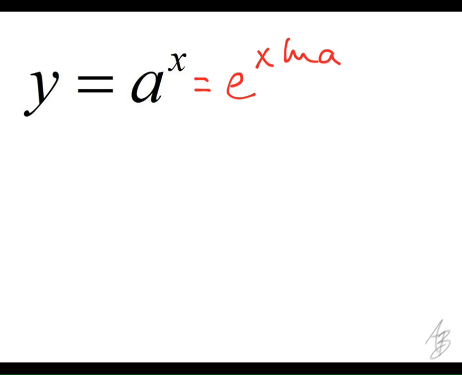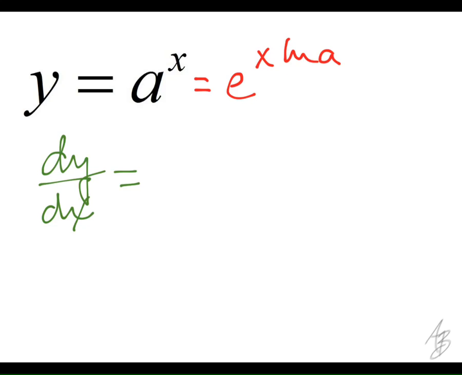So now that we know that a to the x is equal to e to the x natural log of a, we can use the derivative of e to the x that we have previously learned. So the derivative of y with respect to x is going to be the derivative of this right here, e to the x times the natural log of a.